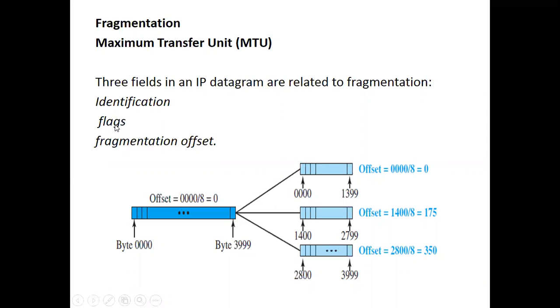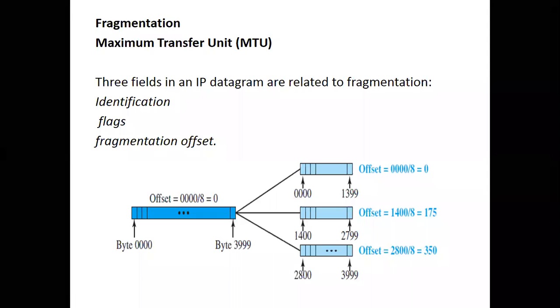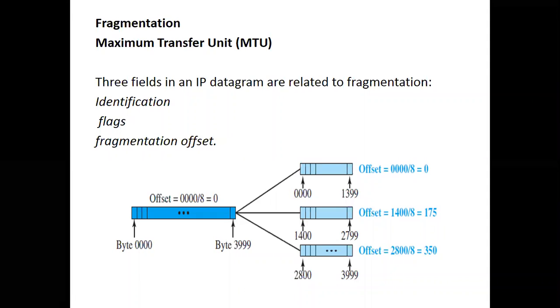Don't fragment indicates that after this datagram fragment there is no data remaining, and more fragment indicates that after this particular fragment, some fragments are still pending. This way the flag status can be interpreted.